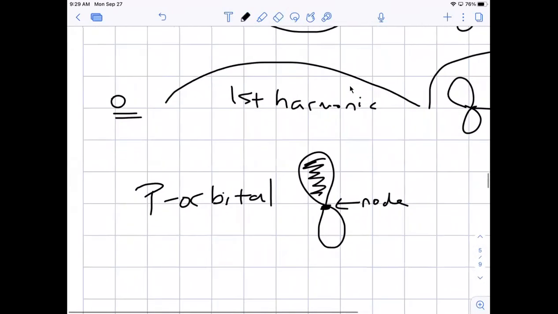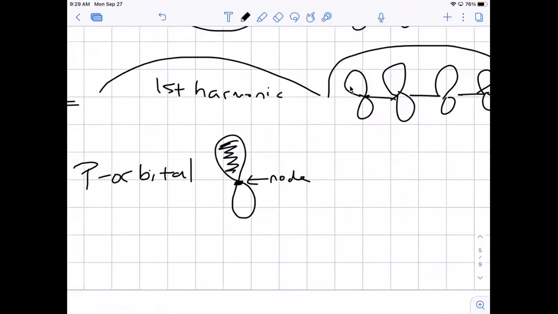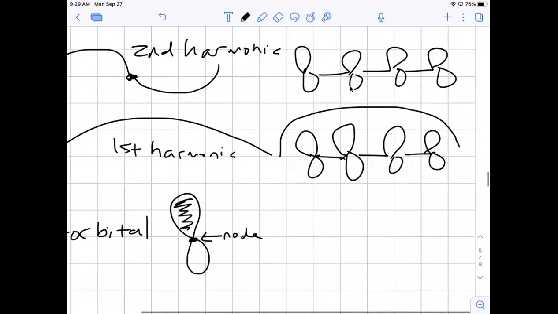All right. So the shading is just a sign, right? Because it's an equation, and so it can be positive or negative. So the shading part is just a sign of the equation. So if the wave never passes through 0, then the sign of the p orbital equations is never going to change in that first harmonic.